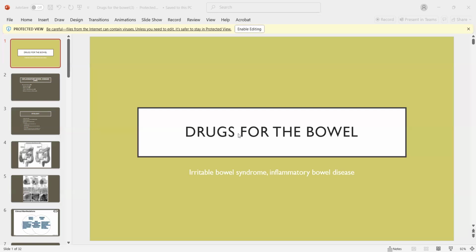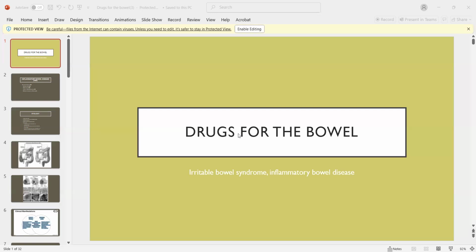The one used the most is mesalamine. And you have sulfasalazine, balsalazide, olsalazine. Very well tolerated. The most commonly reported side effects would be GI disturbances, things like nausea, vomiting, headache, and abdominal pain.